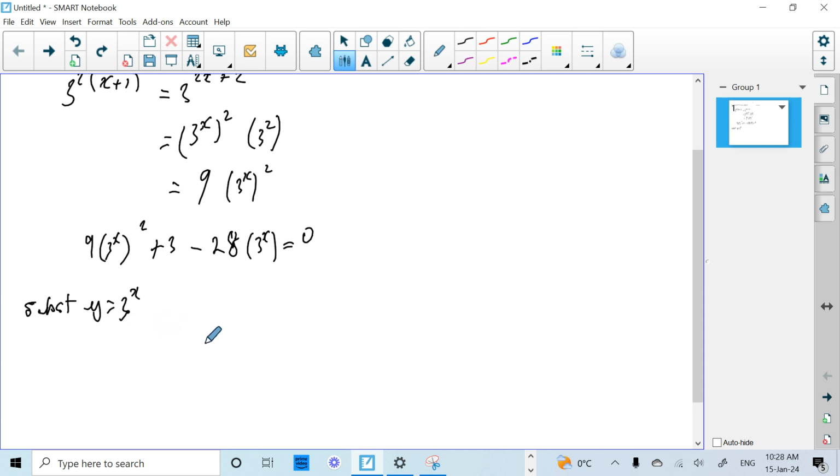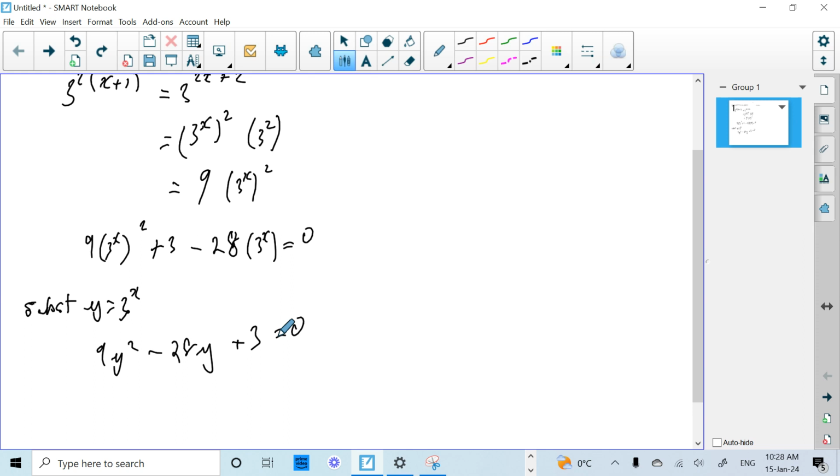That gives me 9y squared minus 28y plus 3 equals 0.